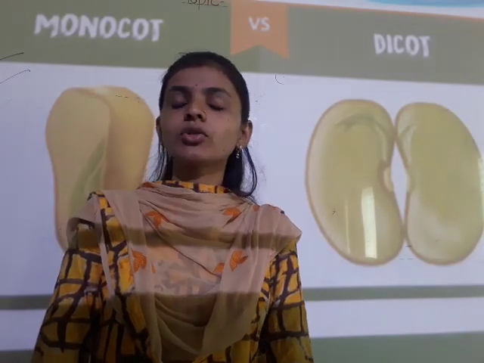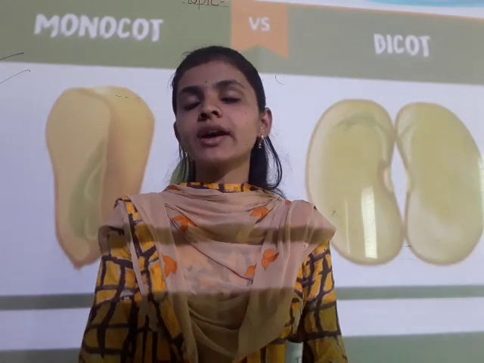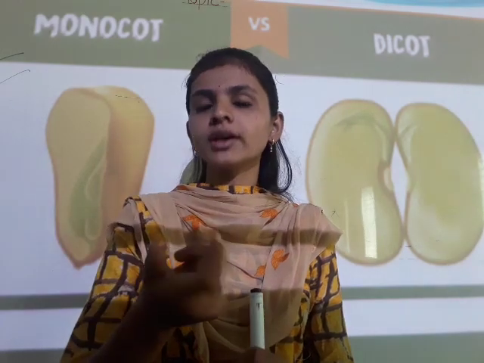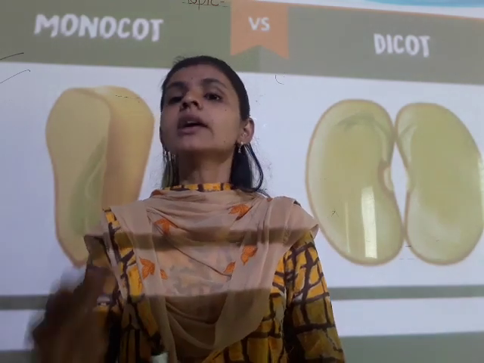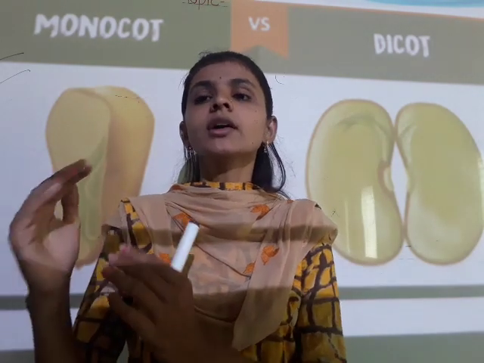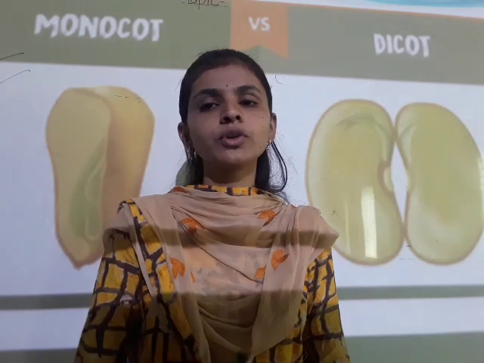And cotyledon also depends upon which type of seed we are using. Okay, store food जो होता है, suppose monocot है तो उसमें 1 ही cotyledon present होता है, suppose dicot है तो उसमें 2 cotyledon present होते हैं. It means that in monocot 1 store food is present, and in dicot 2 store food is present.